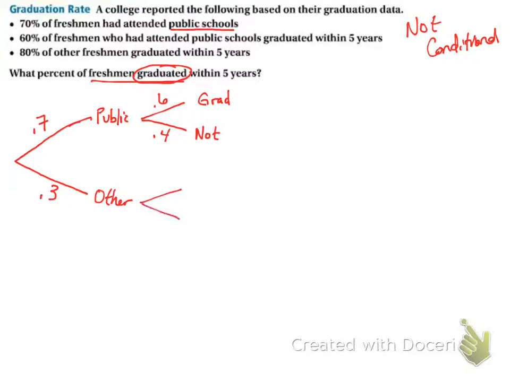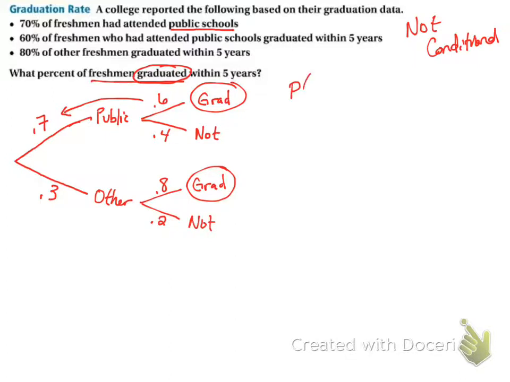For the other schools, it tells me 80% of other freshmen graduated within 5 years. And so, again, grad and not. So this will be 0.8 and 0.2. And so, again, what I want to find out is if they graduated or not. And so what I will do is I can take the percent that graduated, times the probability that the person went to the public school.